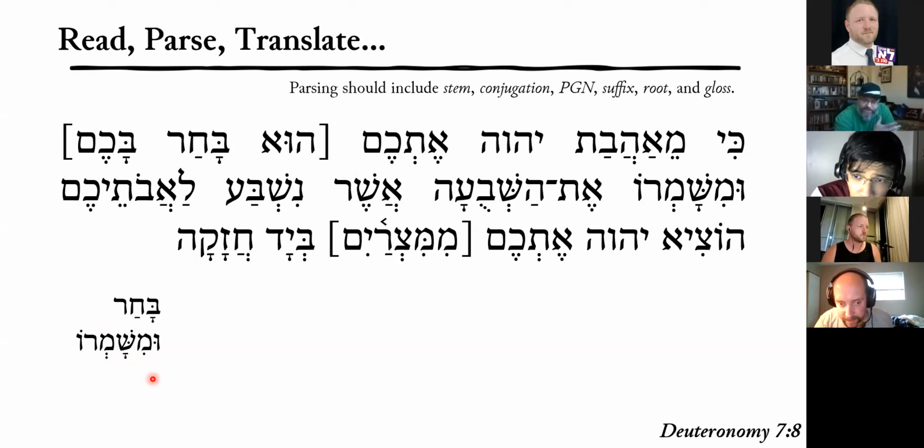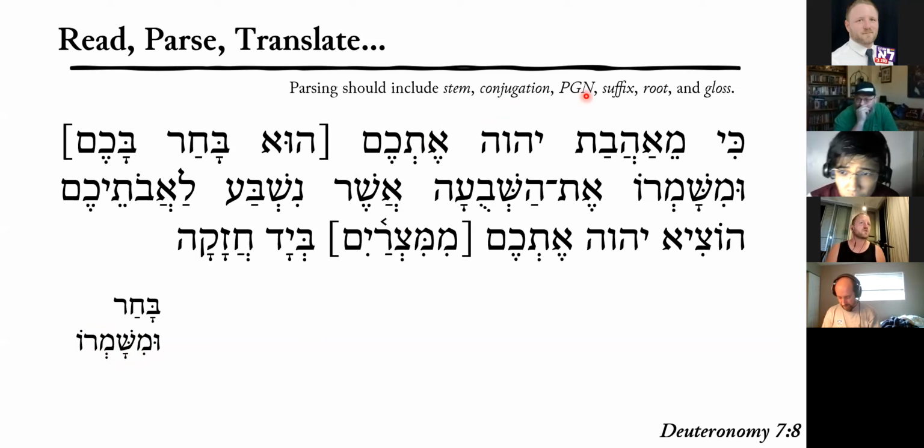That's either going to be infinitive construct, qal, which I think is what it is. Qal infinitive construct. Does an infinitive construct have person, gender, and number? No, but it has a suffix.